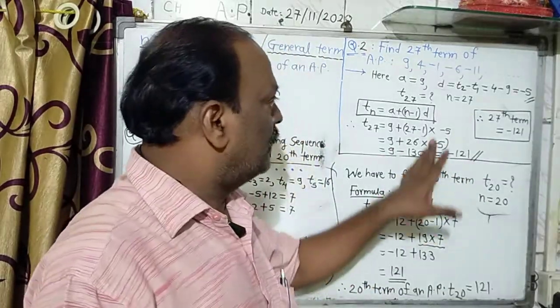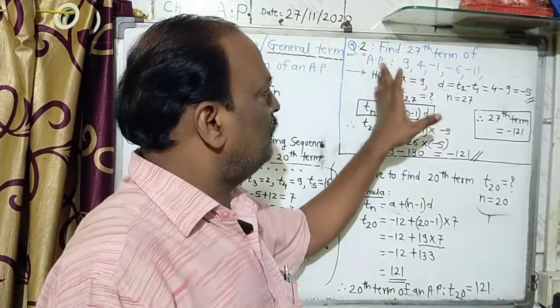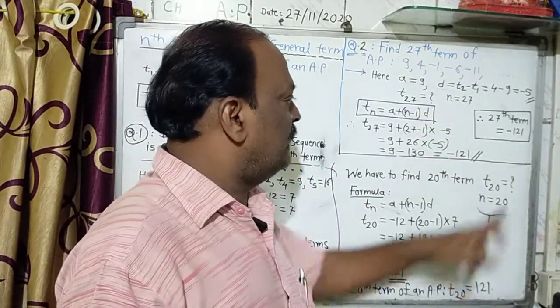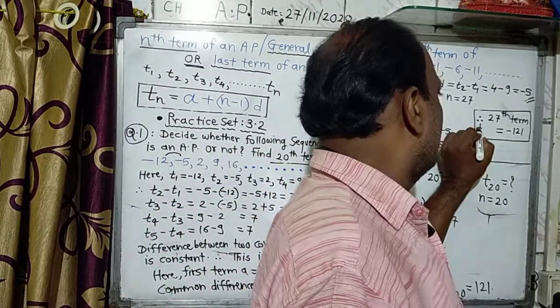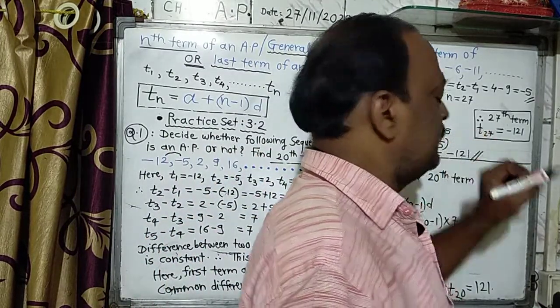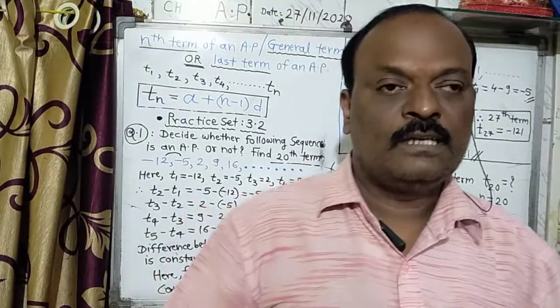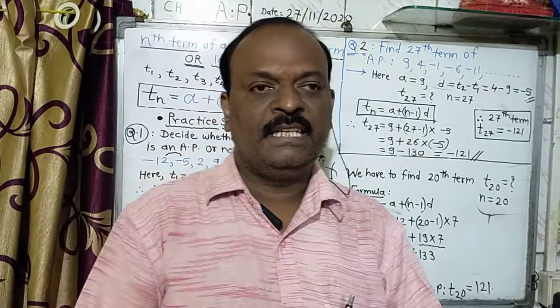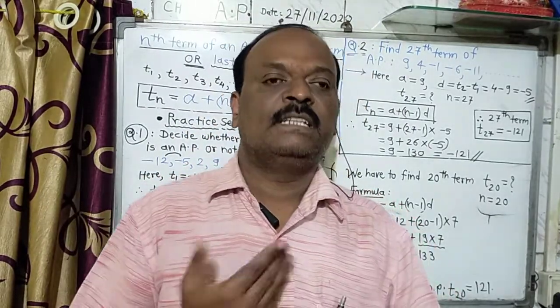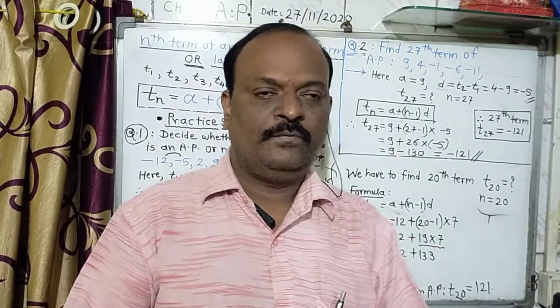So the 27th term of this AP is minus 121.